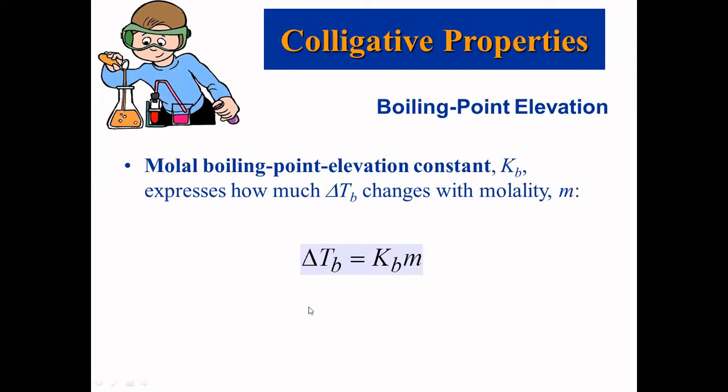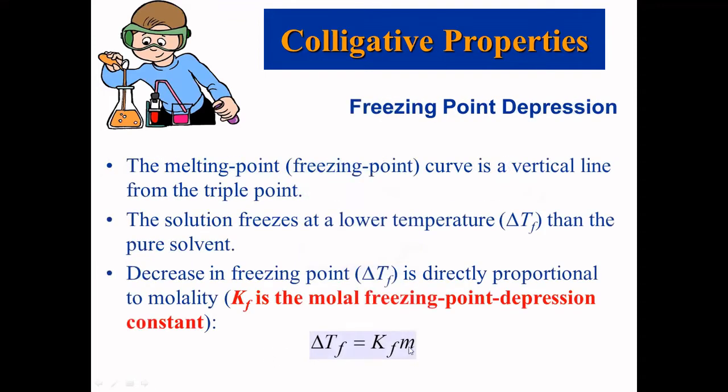The formula, class, actually for melting point depression is similar to this. We just change this to F and we just change this to F as well. So to illustrate what I mean, amo na siya, class. Okay? So for molal freezing point depression, you have your molal freezing point depression constant, and it's still being multiplied to the molality of your solution.